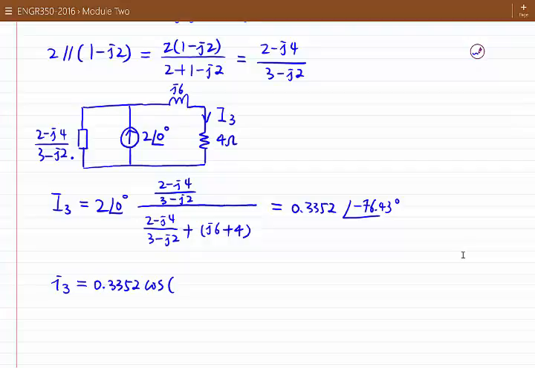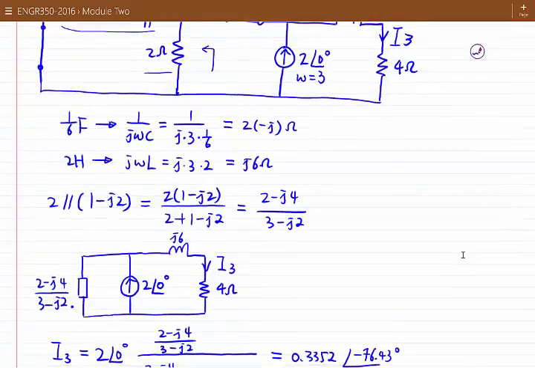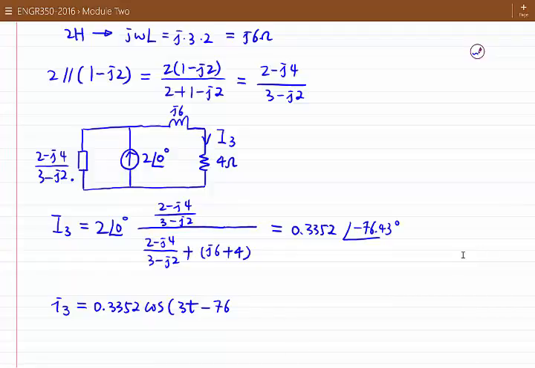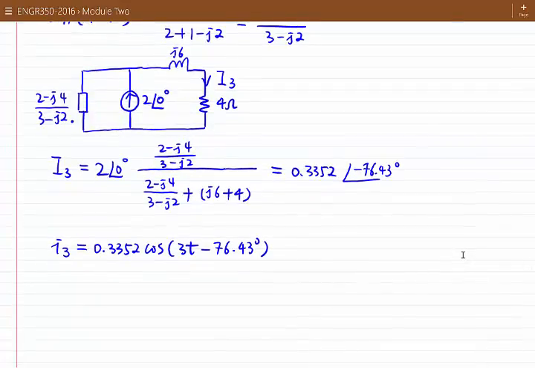Omega is 3, so we have 3t plus the phase angle. The phase angle is minus 76.43 degree. So this is our time domain solution.